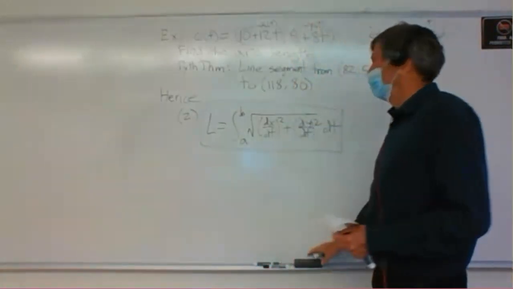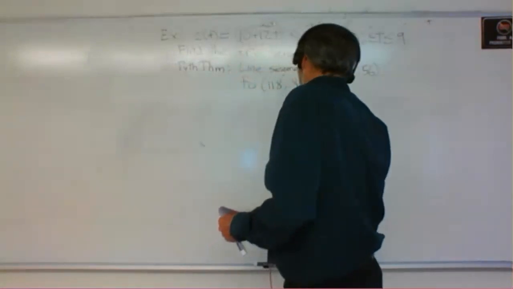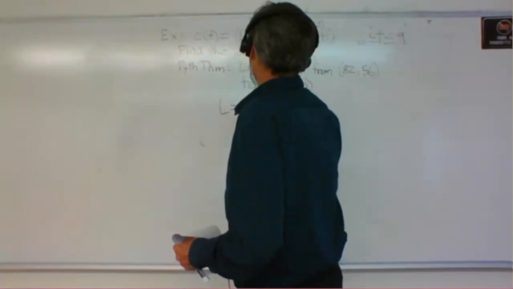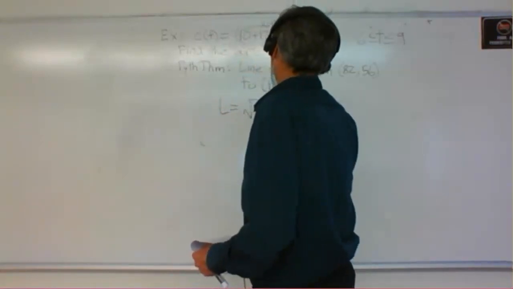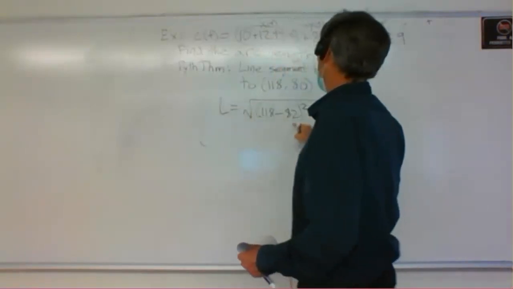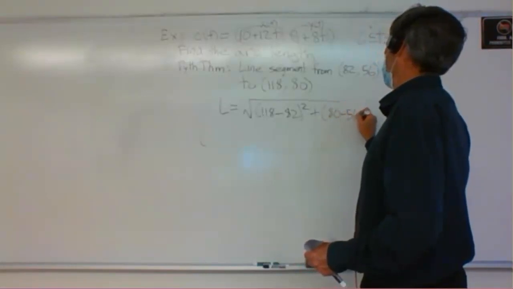And so we just use the Pythagorean theorem. L equals the square root of 118 minus 82, squared. There's the change in x squared, plus 80 minus 56, squared.